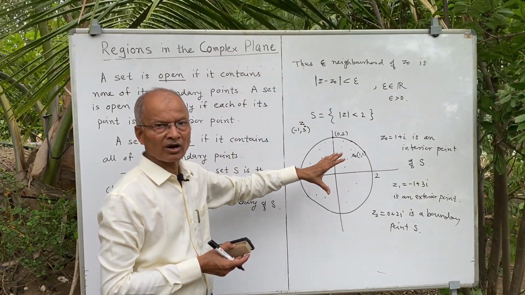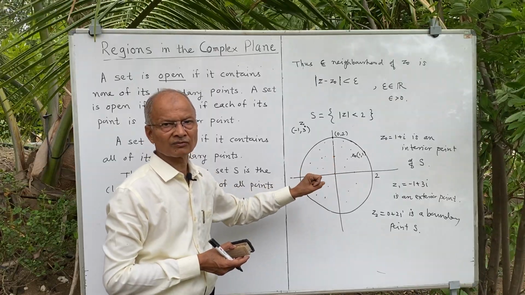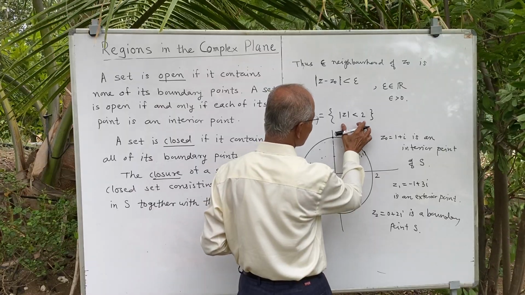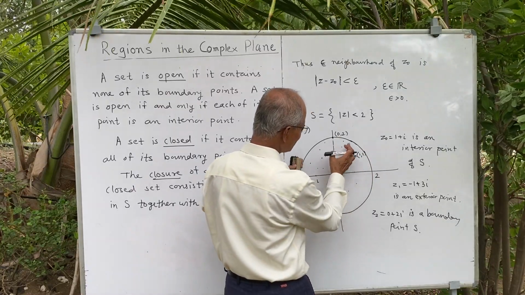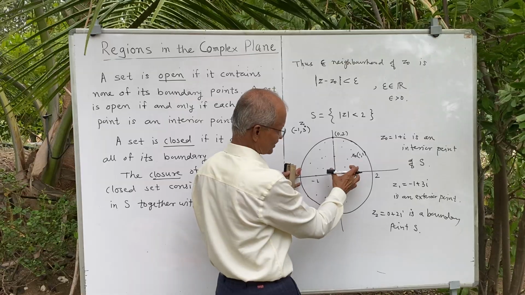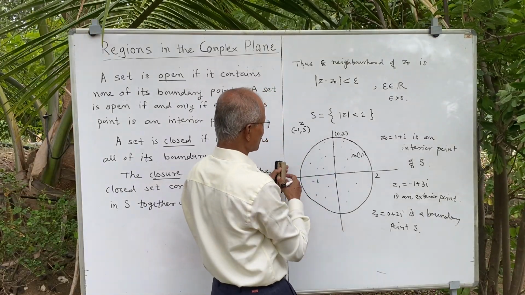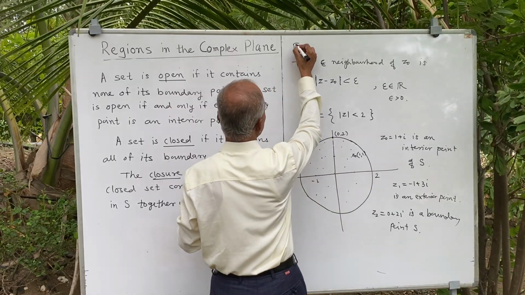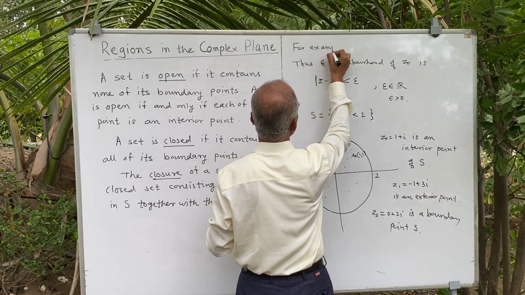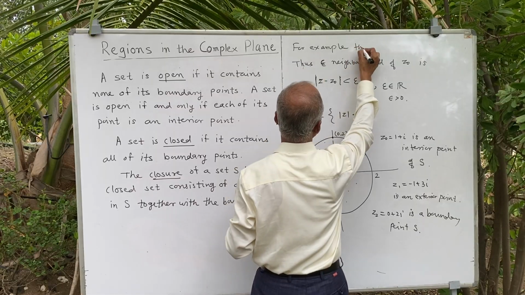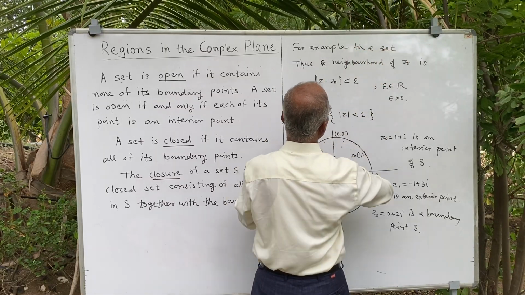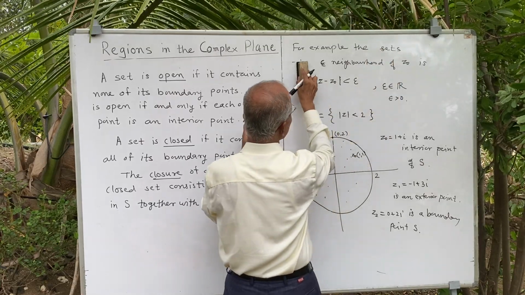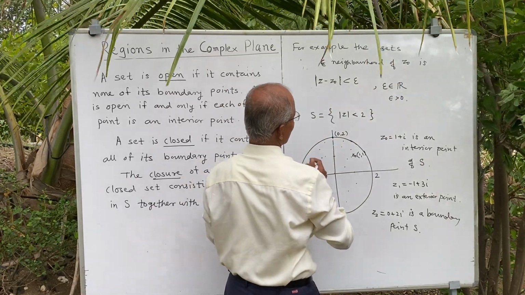It contains all the points which are interior points of the set, and that means |Z| strictly less than 2 means those points which lie inside this disk, not on the boundary of the disk, and therefore this set is open. For example, these sets, the epsilon neighborhood of Z0, is open.